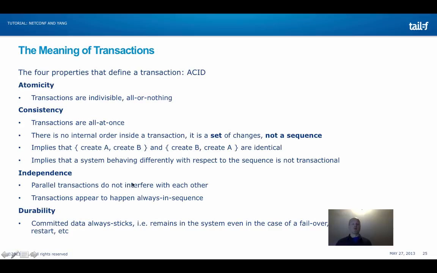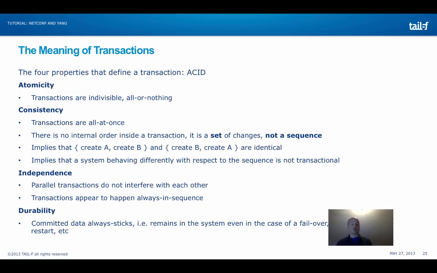Isolation. If you have ongoing transactions, they do not destroy each other, they do not interfere. So from an external observation point of view, it looks as though things happen in sequence. Of course, things are parallelized internally, but the effect at the end is as if they appeared in sequence. Durability. It means that if you commit the data, it's there, it's persistent. So if you reboot a system, the configuration is still there.